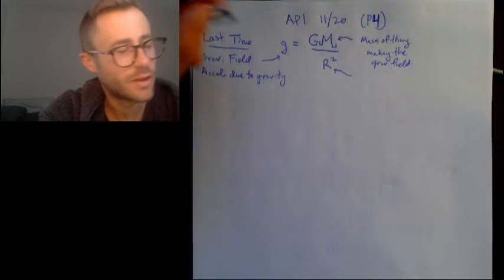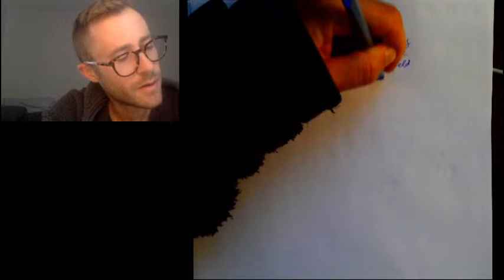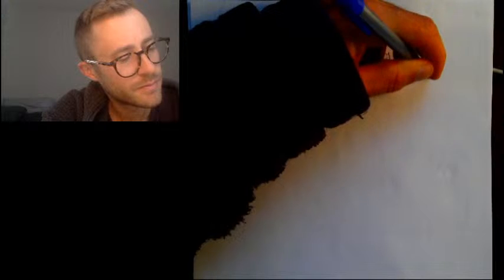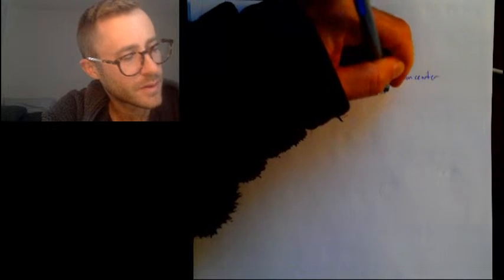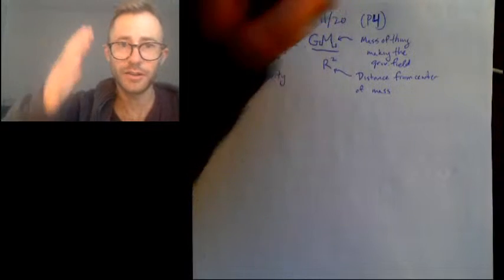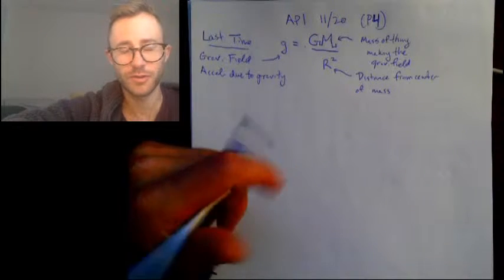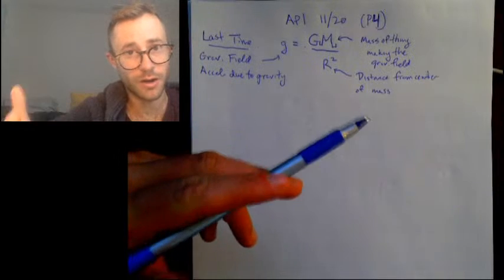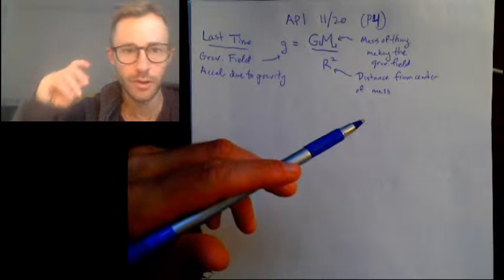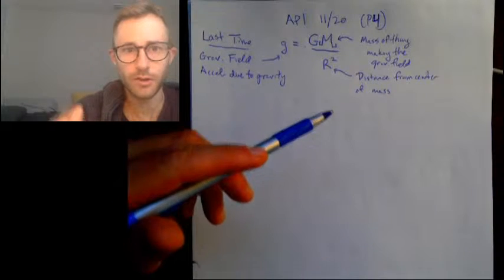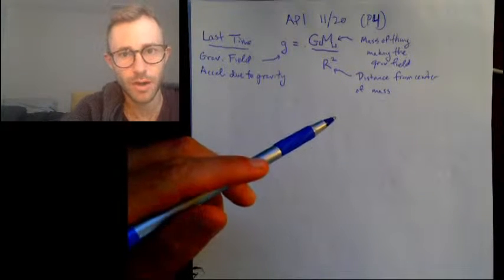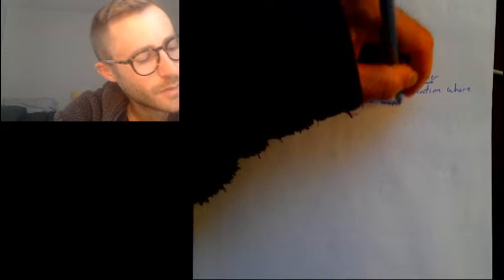R is the distance from the center of the mass, okay? So not the distance from the surface of the planet. So for example, the R value for us, if we're considering the gravitational field due to the Earth, would be our distance from the center of the Earth, okay? So it's the distance from the center of the mass to the location where you want to calculate the gravitational field.